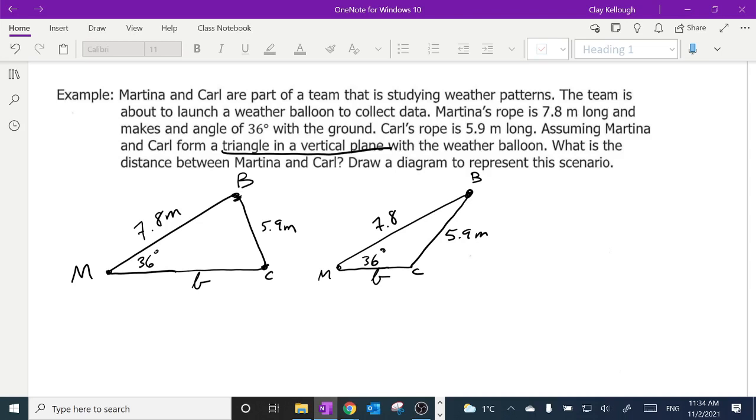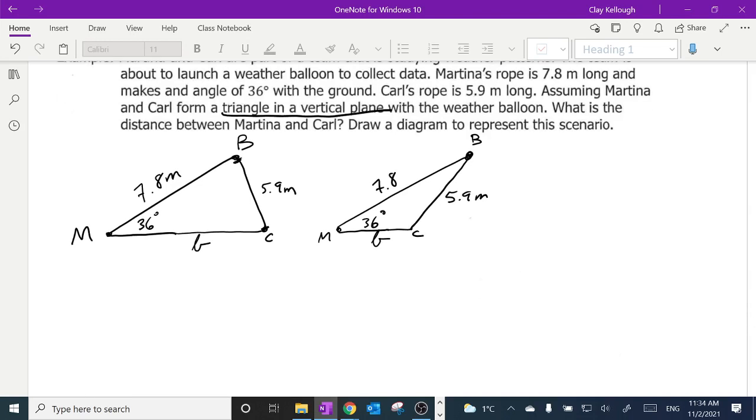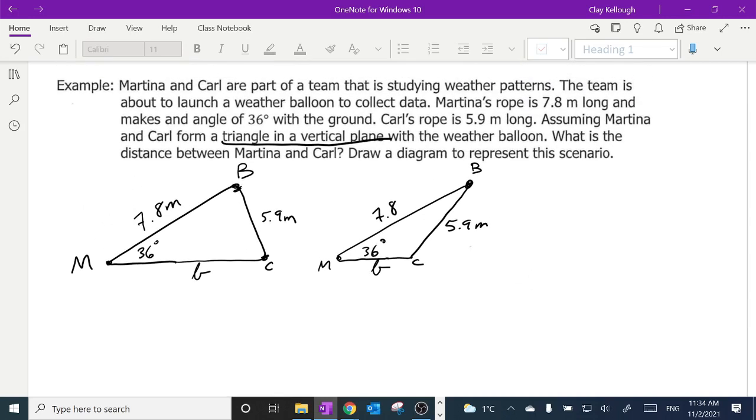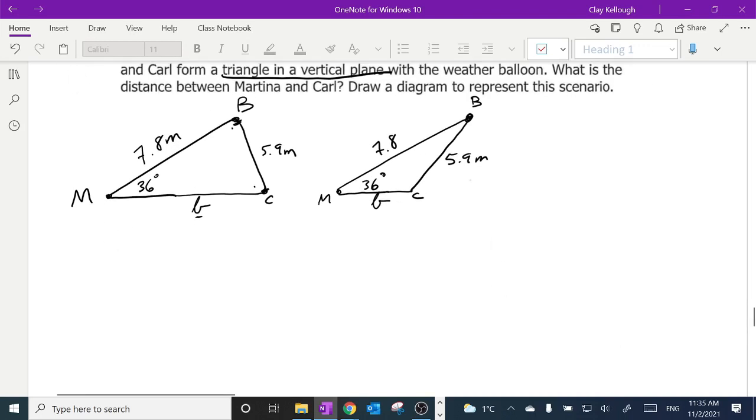If they're on opposite sides, that's the triangle we're going to solve first. So how do I figure out what I want, which is side B? Well, I can only find side B if I know angle B, and I can only find angle B if I find angle C. So I'm going to find angle C first.